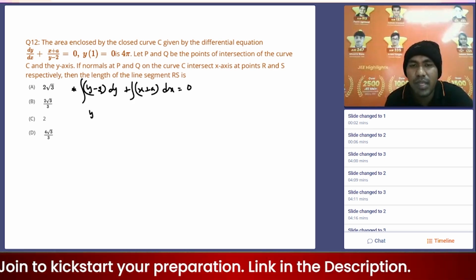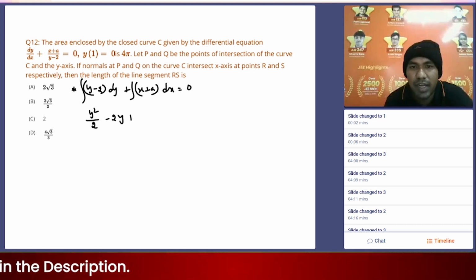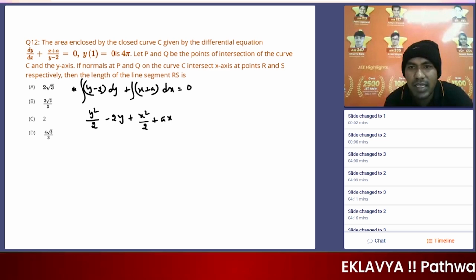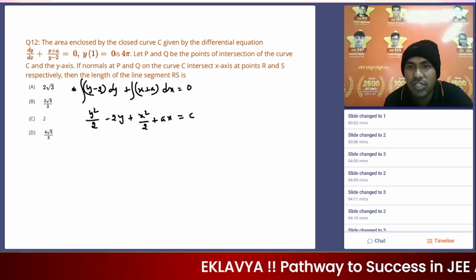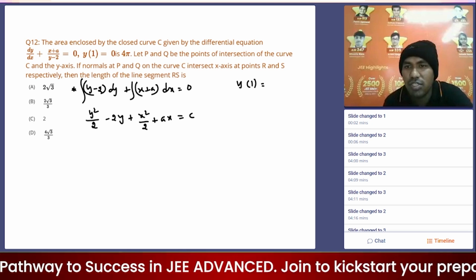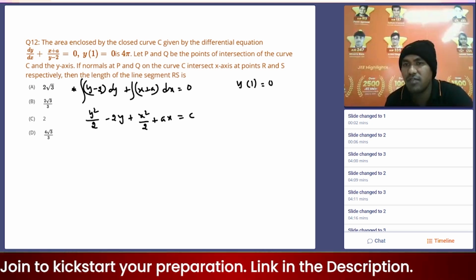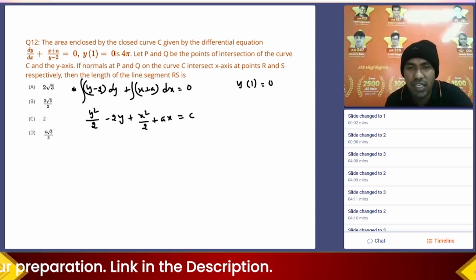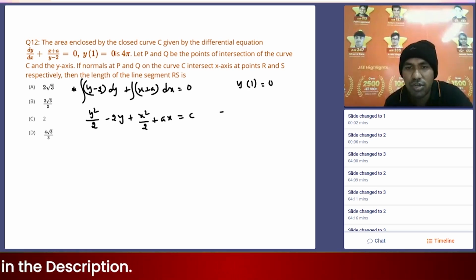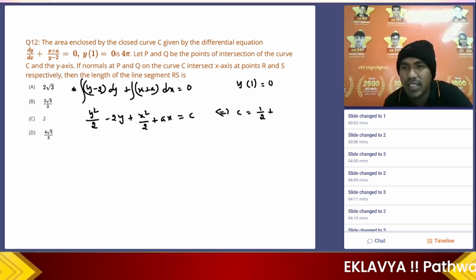Then the integration will become y square by 2 minus 2y plus x square by 2 plus ax, equals some constant c. And they have given y of 1 equals 0. That means x equals 1, then y equals 0. If you substitute y equals 0 and x equals 1, you will get c equals 1 by 2 plus a.